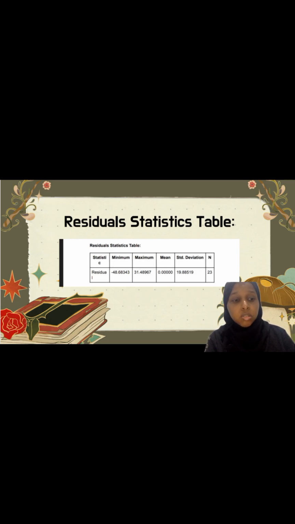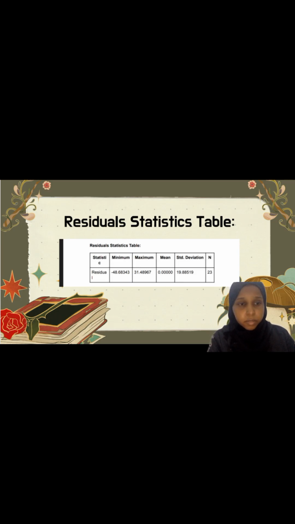The model is not overestimating or underestimating overall. The standard deviation is 19.88, showing how spread out the residuals are, and the total number of data points used here is 23. Overall, these results indicate that our model's residuals are centered around 0.